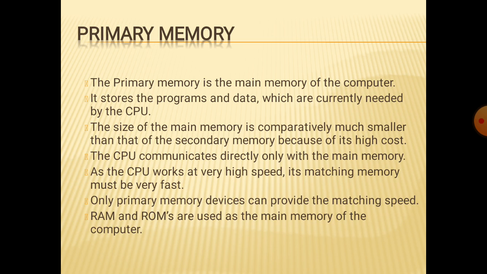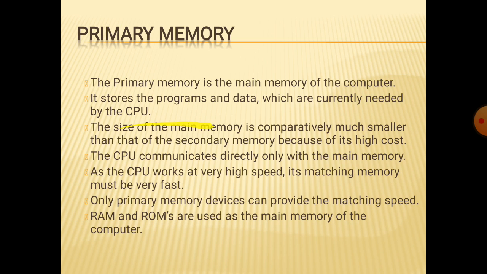For that reason, it is called main memory. It stores the program and data which are currently needed by the CPU, for processing and performing calculations, whether program or data.